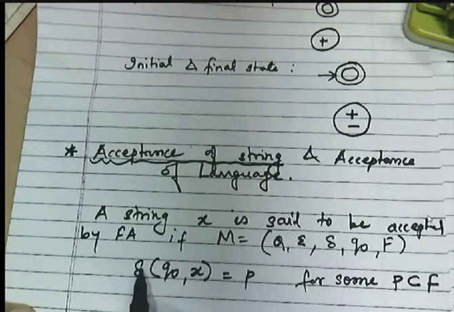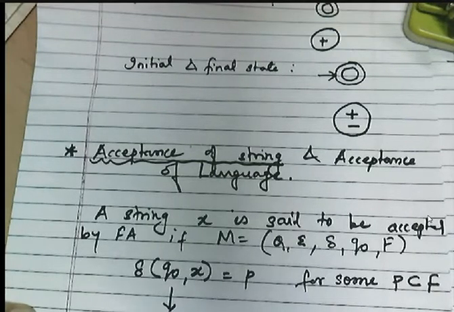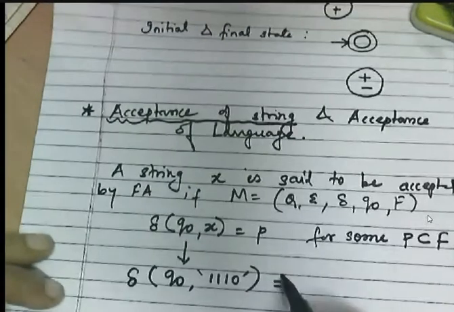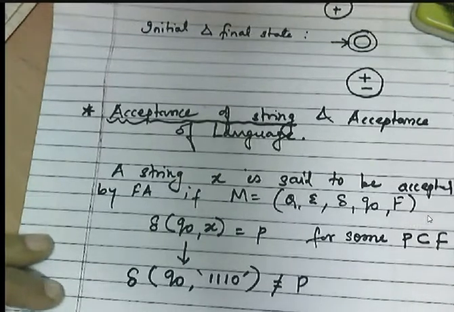It means delta is a mathematical function. So if you give any string, here in our example, I can say delta(Q0, 1110). If I have given this, and in our case it has not reached a P which belongs to F, right? So here it has not reached, so it is not acceptable.